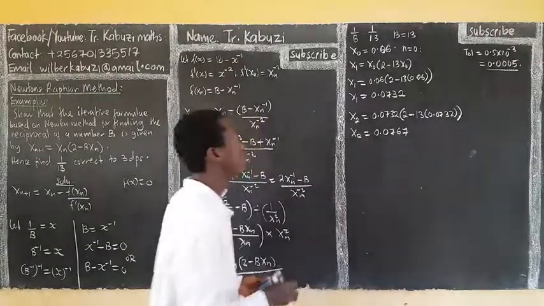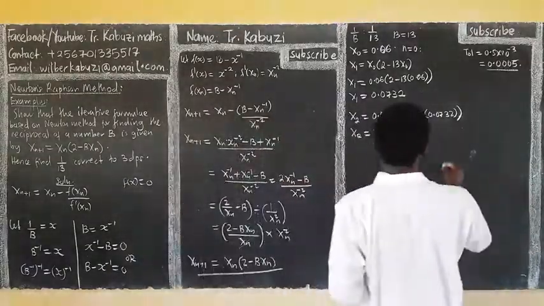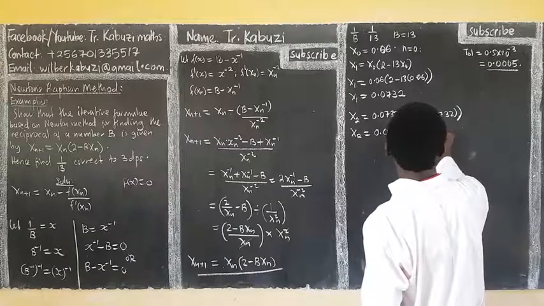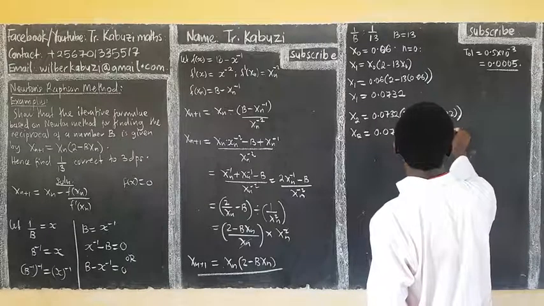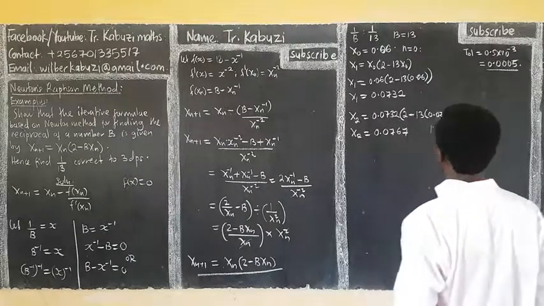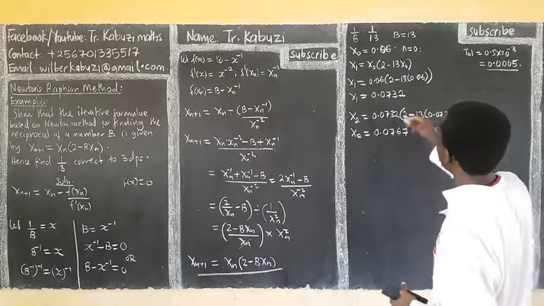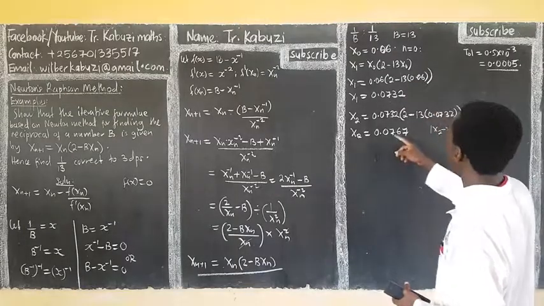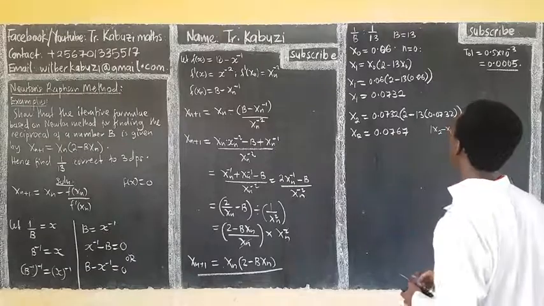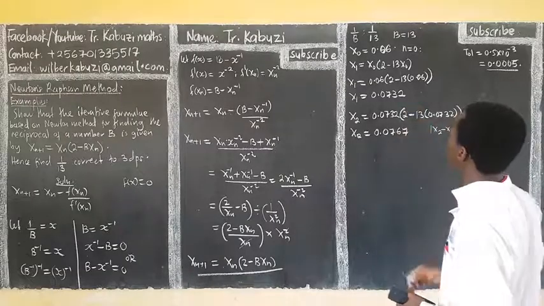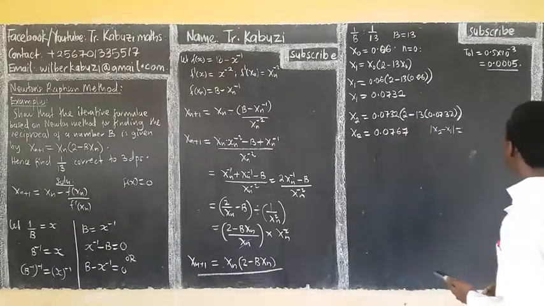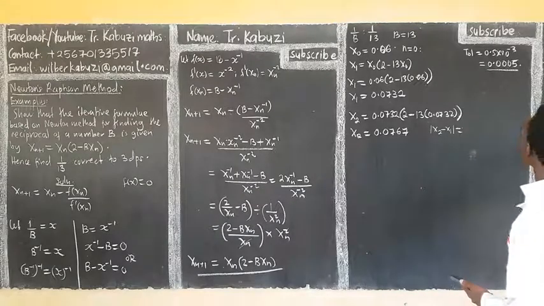Now I want to know, has my tolerance reached that level? I'm getting now x2 and x1. What do you get if you subtract these two things? This minus that. Do you get something? Okay, let me do it here.